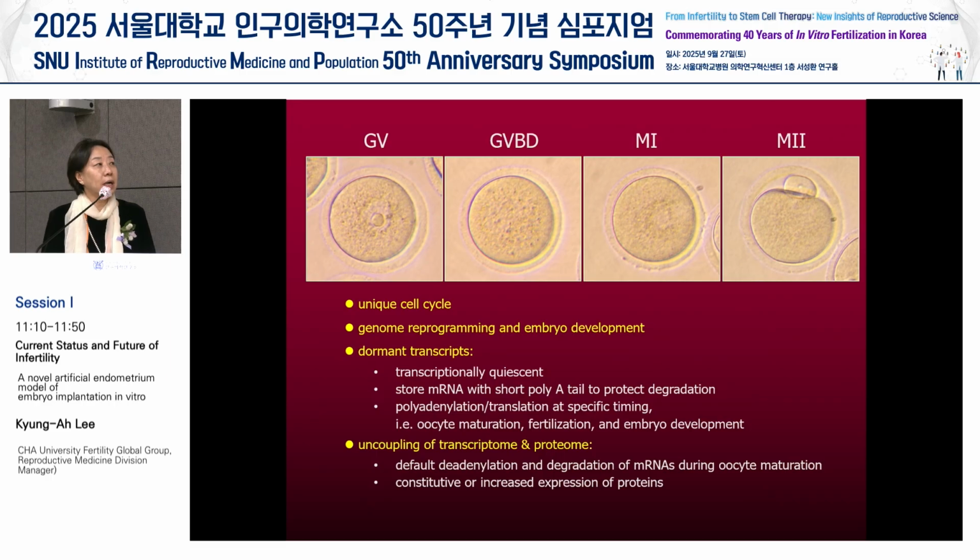The oocyte is a really interesting and beautiful cell I met, and it has a very unique cell cycle, with two arrests. From birth, oocytes are arrested already at the GV stage, and after ovulation, maturation is resumed, and it again stops the cell cycle at the M2 stage, waiting for the sperm to fertilize.